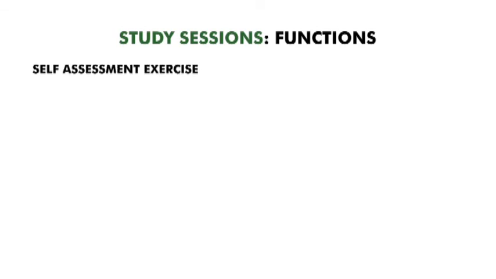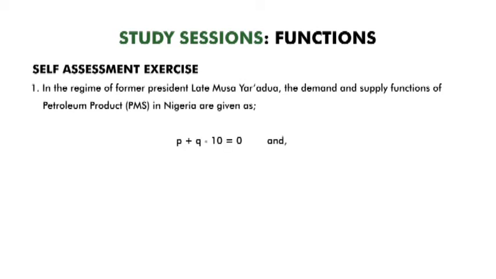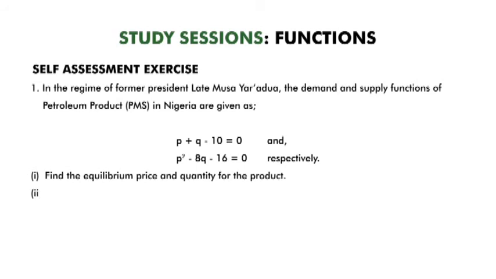Self-assessment exercise. 1. In the regime of former President late Musa Yar'Adua, the demand and supply functions of petroleum product (PMS) in Nigeria are given as P plus Q minus 10 equals 0 and P squared minus 8Q minus 16 equals 0 respectively. 1. Find the equilibrium price and quantity for the product. 2.